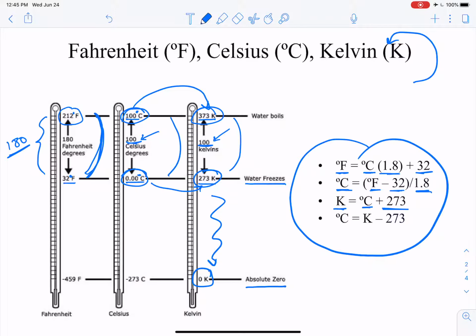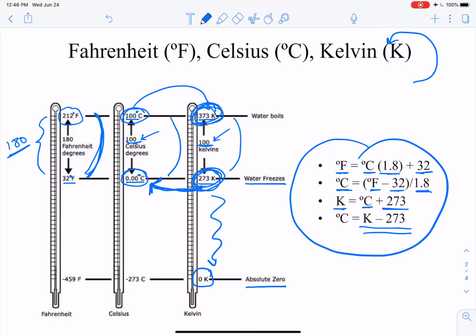Now, if you have your temperature in Kelvin and you want to go back to Celsius, you just do the opposite. You subtract 273. So if we have our temperature in Kelvin, right there, 273 Kelvin, and we want to go back to Celsius, we just subtract 273, and there we are at 0.